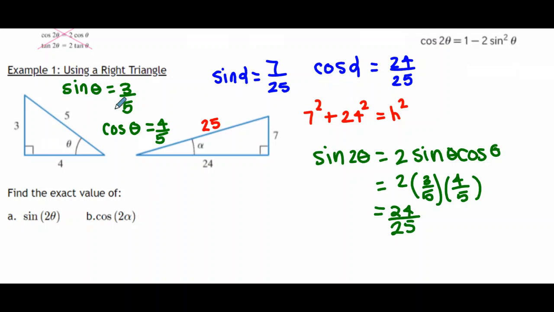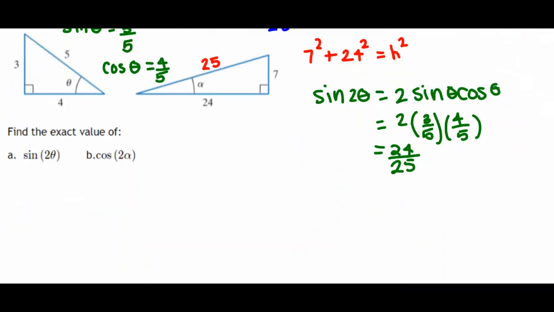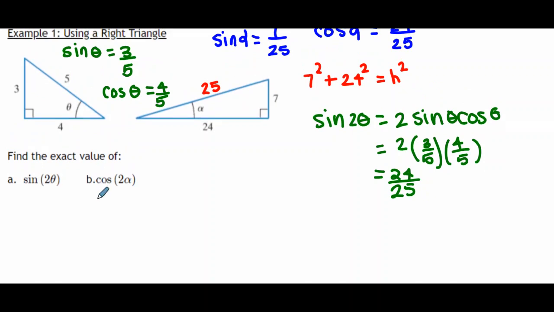The second question asks us to find cosine 2 alpha. I already found the sine alpha and cosine alpha. There are 3 different options for cosine 2 theta, and you can choose whichever one you want. I always just use the first one for simplicity's sake. So let's find cosine 2 alpha.